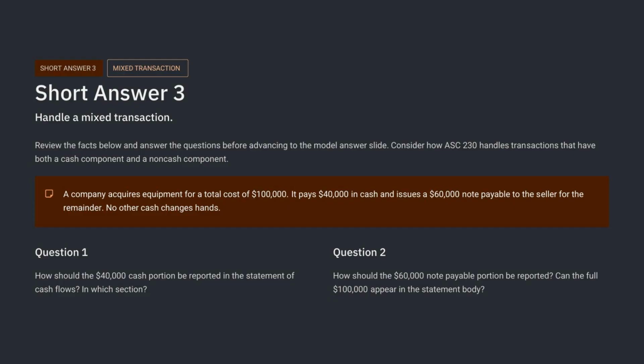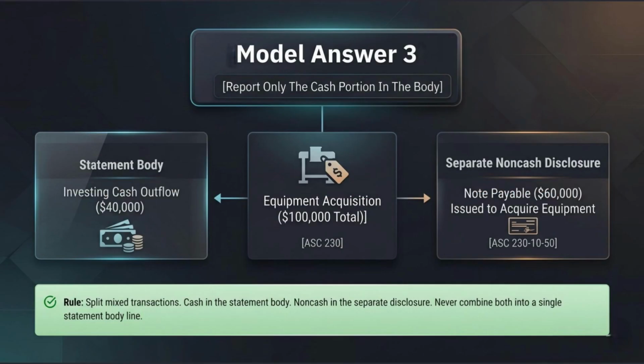Mixed transactions are where ASC 230 tests discipline. The model answer is report only the cash portion in the statement body. The $40,000 paid in cash is an investing cash outflow because it is cash paid to acquire equipment. The $60,000 note payable portion is a non-cash financing element of the acquisition and is disclosed separately as a significant non-cash investing and financing activity.